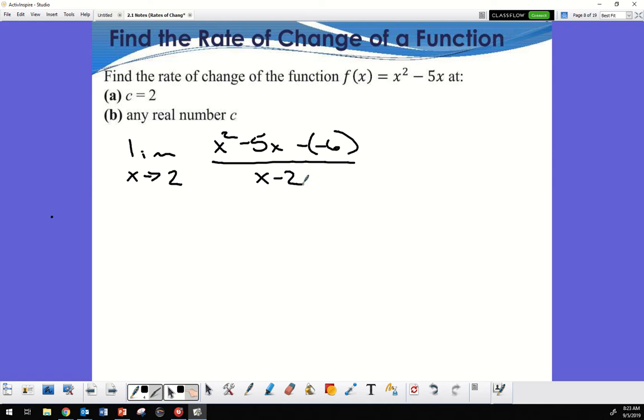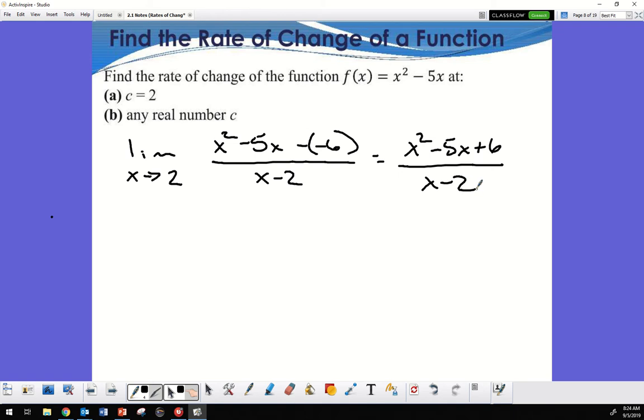Now, I did this on purpose. I always put the minus first because that's probably going to be the biggest symbol mistake you guys are going to make. I put a minus because it's always minus f of c. So I put a minus there knowing it's going to be something, but then I put in my number. So it's eventually going to be positive, isn't it? Yeah, good. So I'm going to end up with x squared minus 5x plus 6 over x minus 2.